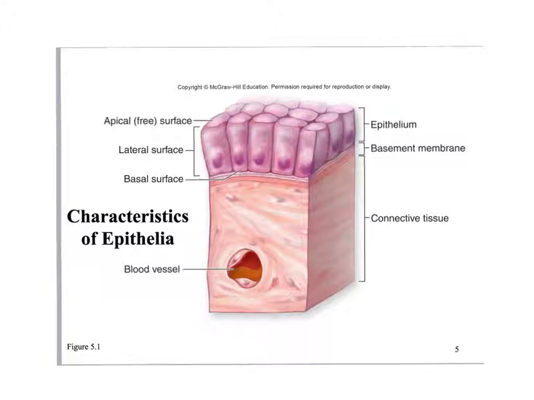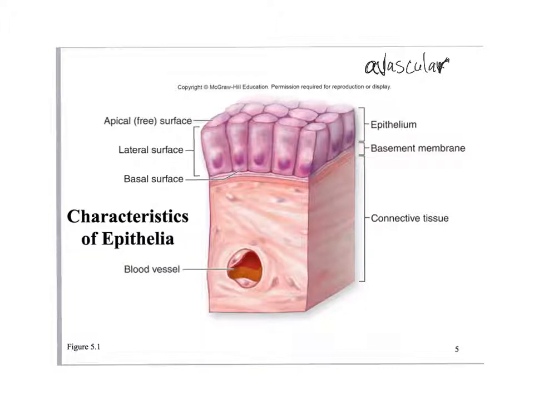Another characteristic of epithelial tissue is that it is avascular. That is a V, not a U. It means it lacks blood vessels. So no blood vessels, but they are cells and they require energy, glucose, nutrients. How does the epithelium get its nutrients if there are no blood vessels?